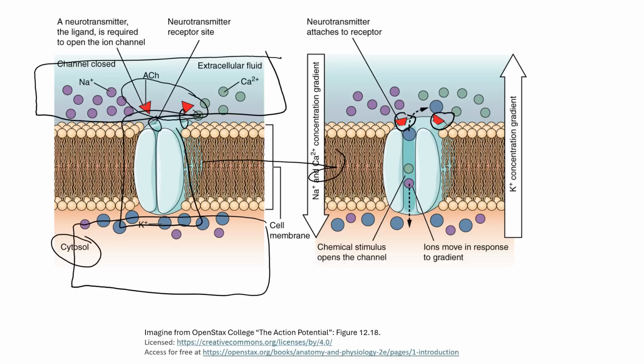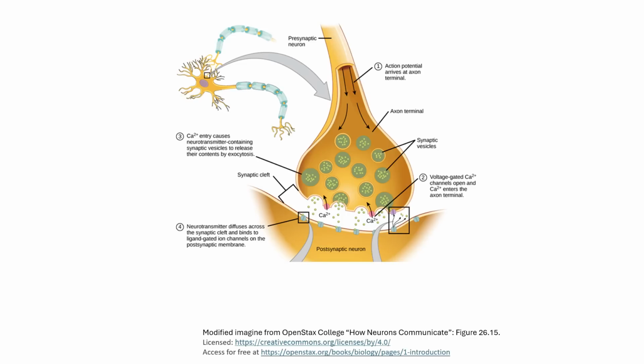So let's go back to the prior image and try and get a bigger picture of what's happening here. Neurotransmitters, which are a type of ligand, have been released from the axon terminal button of the presynaptic neuron. These neurotransmitters are floating around in the synaptic cleft, and what they will ultimately do is bind to receptors located on the plasma membrane of the dendrite of the postsynaptic neuron.